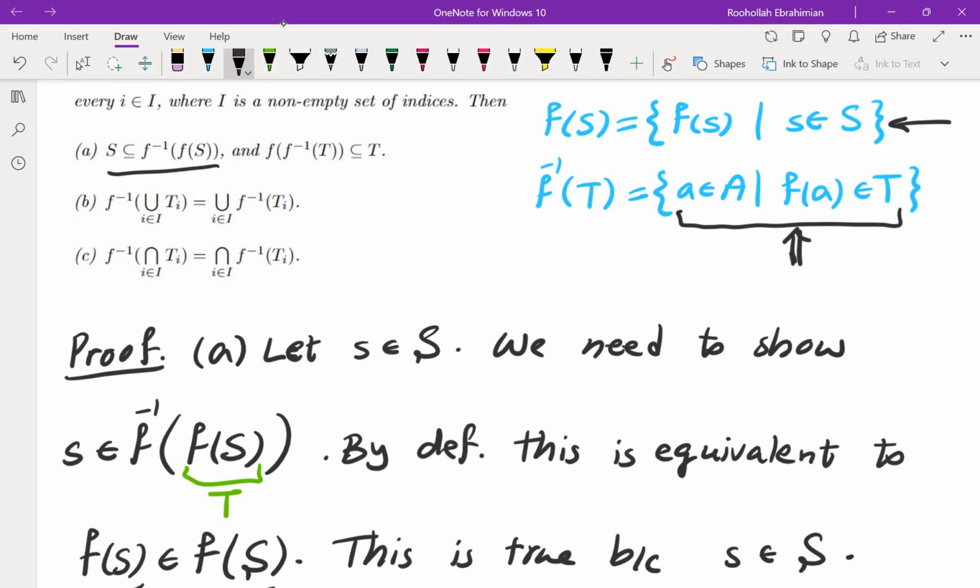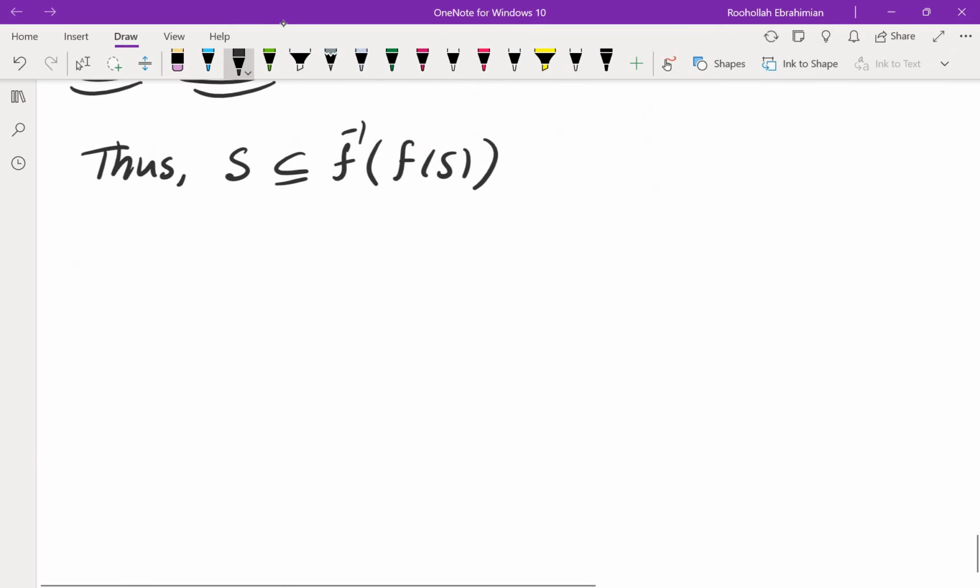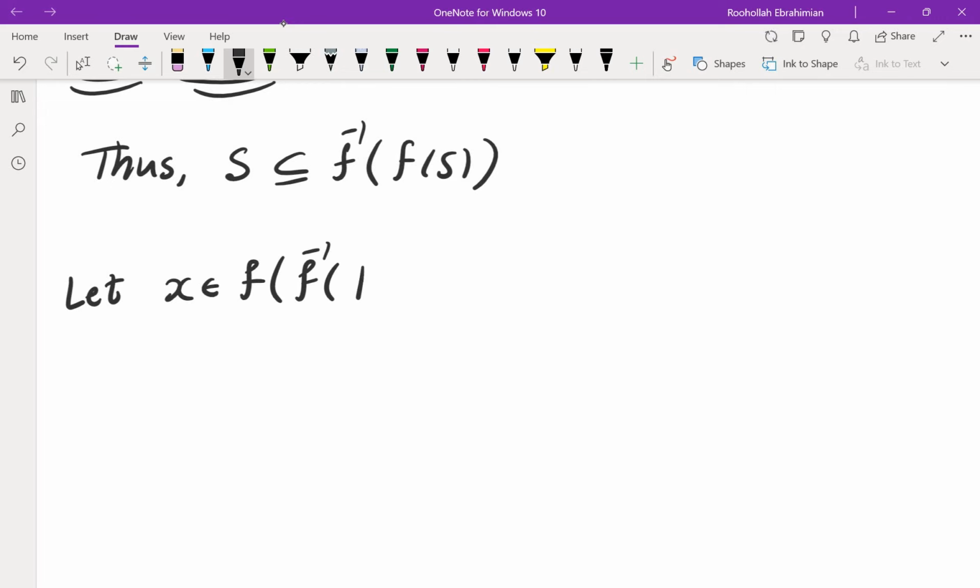Let's look at the second part. We're going to show that f of f inverse of T is inside T. So let x be in f of f inverse of T. Okay, what does it mean that something is in f of something?